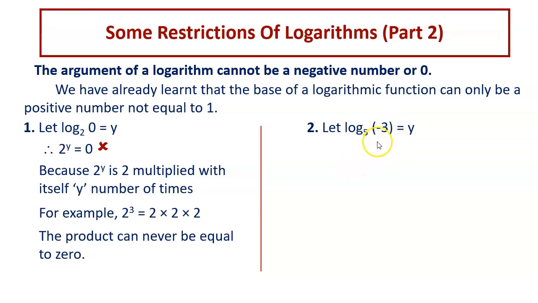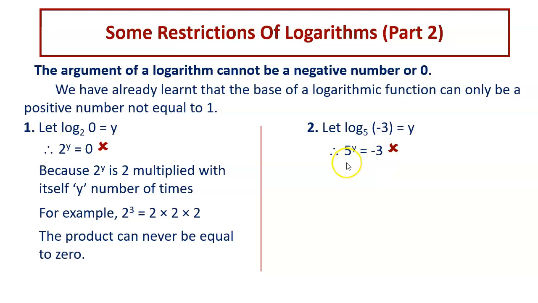Again we change this to its corresponding exponential form. It becomes 5 raised to the power of y equal to negative 3. And what is 5 raised to the power of y? It is 5 times 5 times 5, and it just goes on.